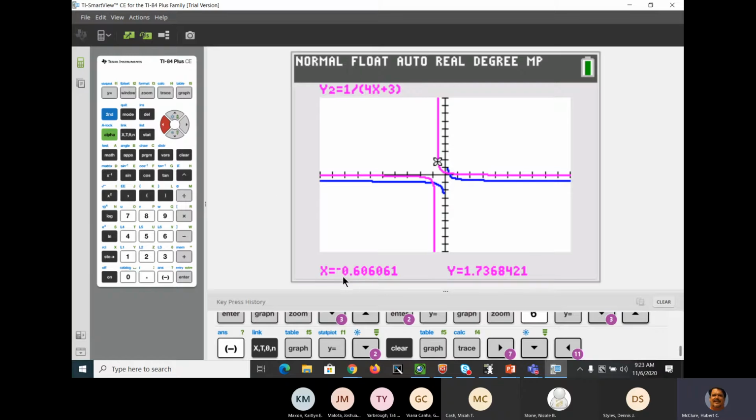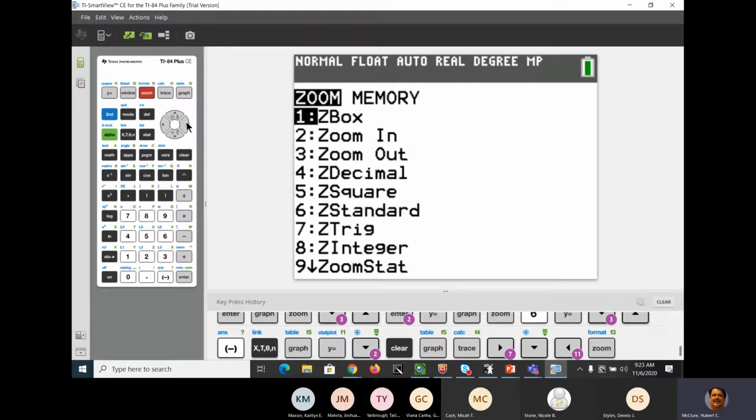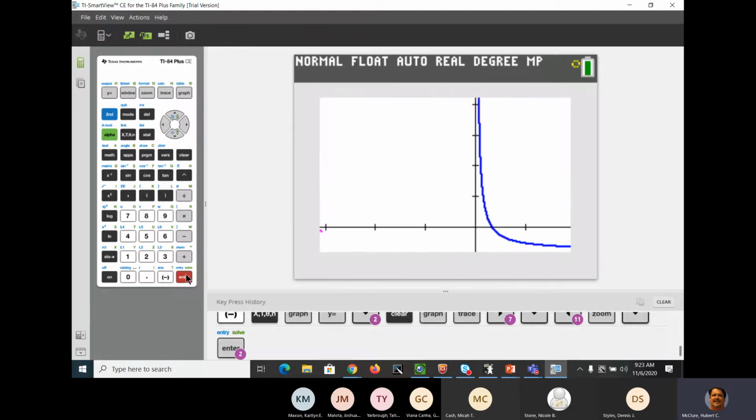It's in between. There's negative 0.6, and we get a 1.7. So you can see that they are flipped. I can't get any closer. Let me see if I can zoom in and see if that'll help. All right, now let's do negative 0.51.